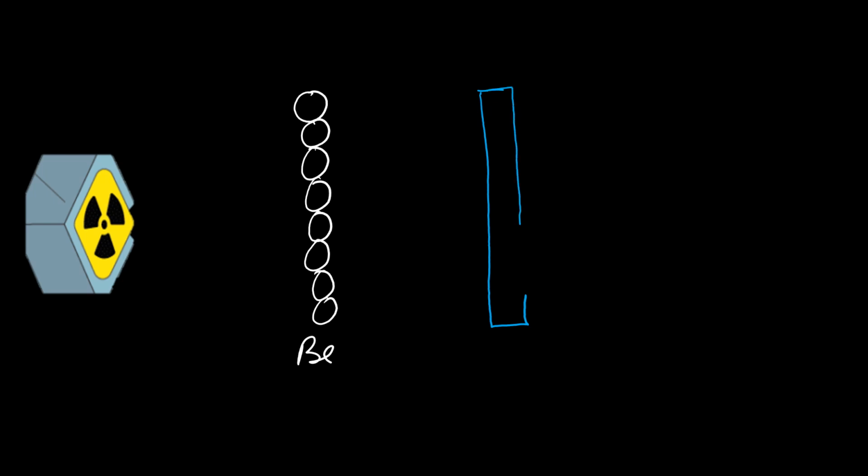Let me draw the schematic diagram of James Chadwick's experiment first. Beryllium atoms, and behind the beryllium atoms there was paraffin wax, and after that there was a detector. This was the detector.